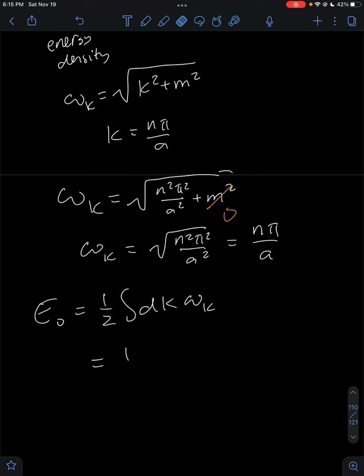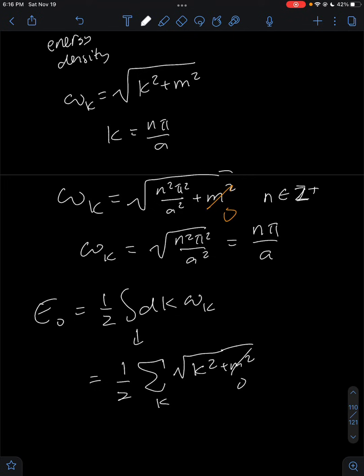We have an integral, but remember, since our fields are quantized, n is going to be a counting number, so this integral is going to turn into a sum over k, where we have the square root of k squared plus m squared, but then m is just 0. And since k is n pi over a, we just have a sum over n. Then we have n pi over a.